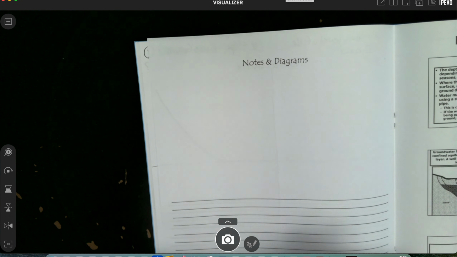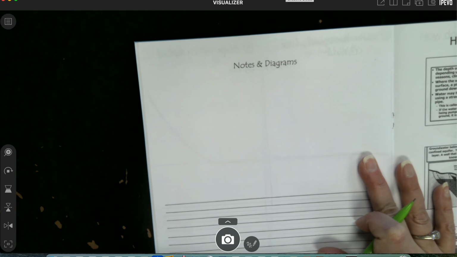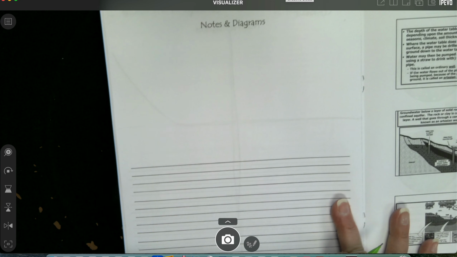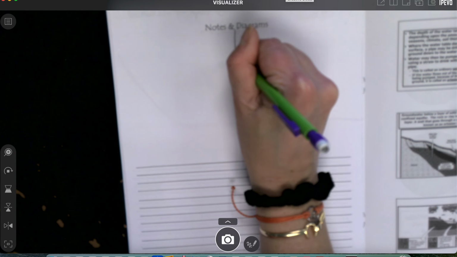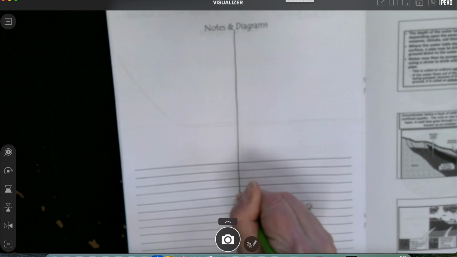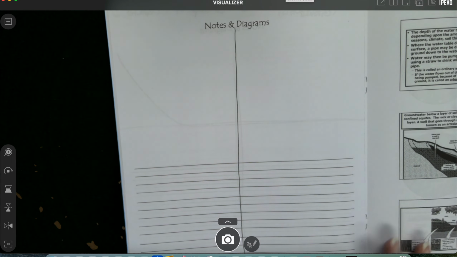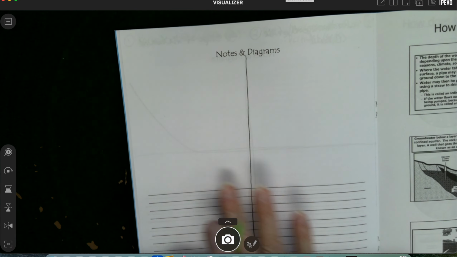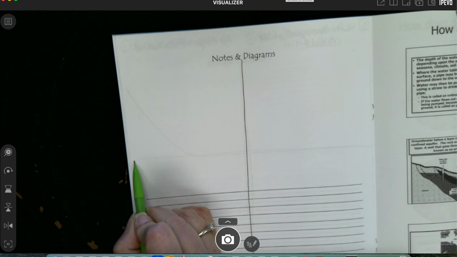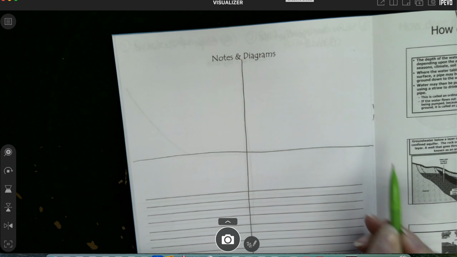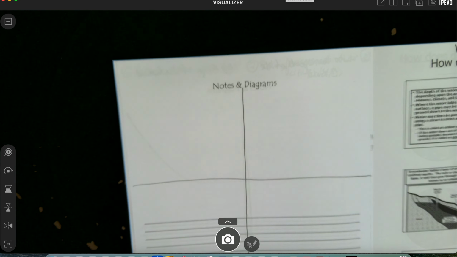Now we're going to turn to page 28, all right? And same thing that we did for the other 2. We're going to make a vertical line going straight down, divide the page in half vertically, all right? And then we're going to make our horizontal line going across both, all right?